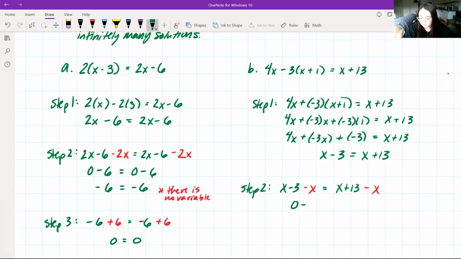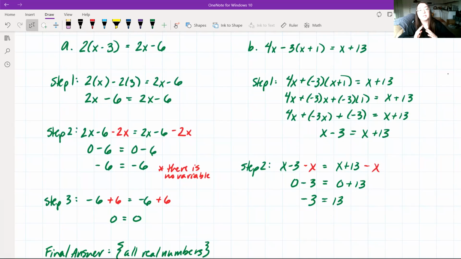So once again, we have 0 minus 3 is equal to x plus 13 minus x, so an x minus x, which was 0x, or 0 plus 13. So similar to when we had all real numbers, but what we see here is that we end up with a negative 3 is equal to 13.